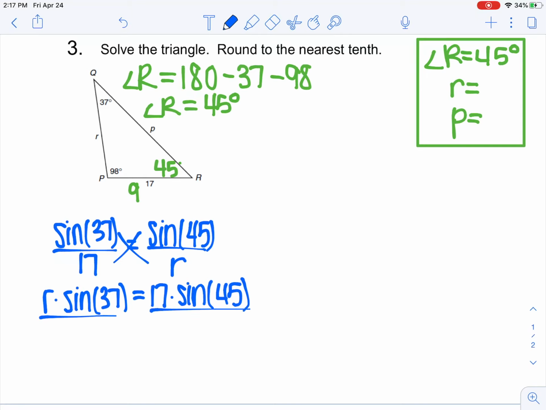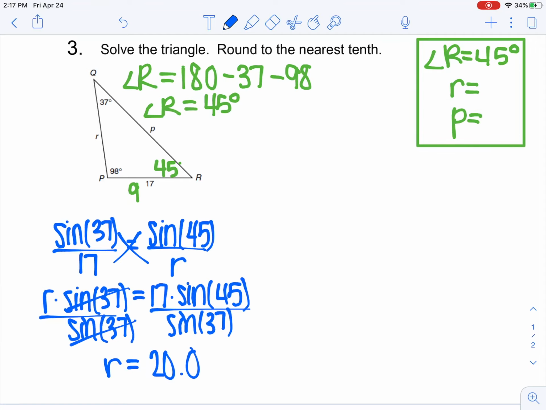To get R by itself, we divide both sides by the sine of 37. So go ahead and type that into your calculator: 17 times the sine of 45 divided by the sine of 37. And if we round to the nearest tenth, you should get 20.0.